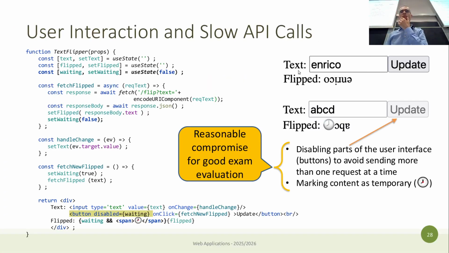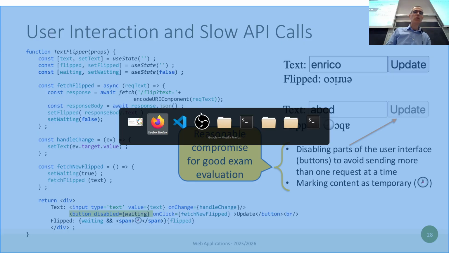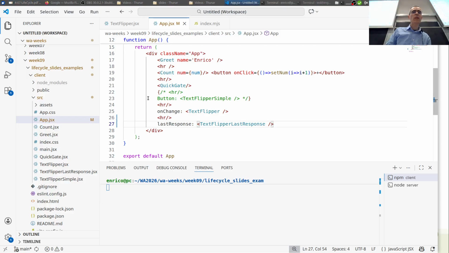If you change the user interface a little bit and you disable the button, you don't risk that the user sends a request while you're waiting for an answer for another request. So let's have a look at the behavior and then we look at the code, which is much simpler, of course.